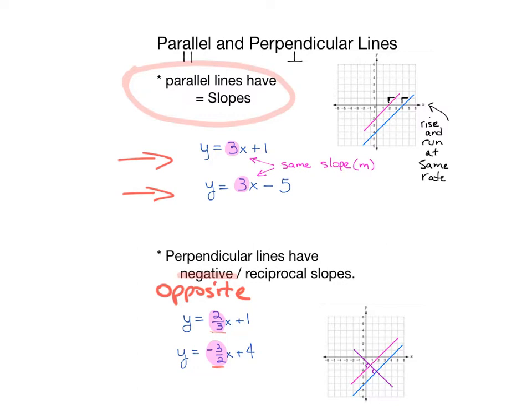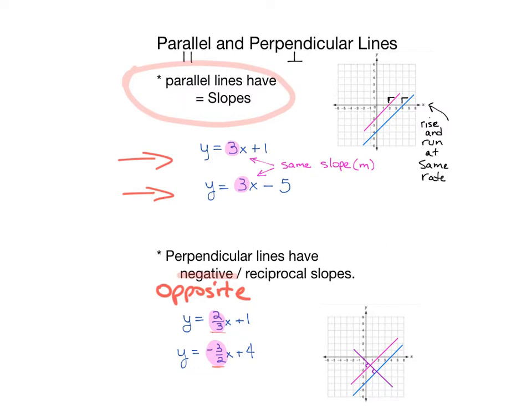So for the parallel, notice this right here has a positive 3, and this has positive 3. Now, keep in mind, this is a lot on the PSAT, SAT, because when you're solving a system of equations that have the same slope, the solution is no solution, because notice my parallel lines never cross.